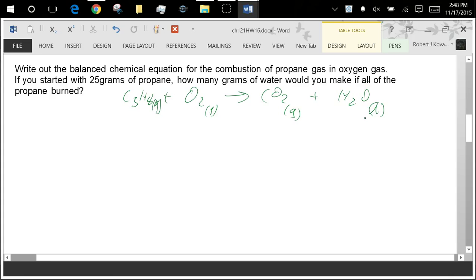So how do you want to balance this? What do you want to do first? What's that going to do for me? My carbons are now balanced. Now what do you want to do? Put a 4 in front of the water. What's that balance? The hydrogens are now balanced.